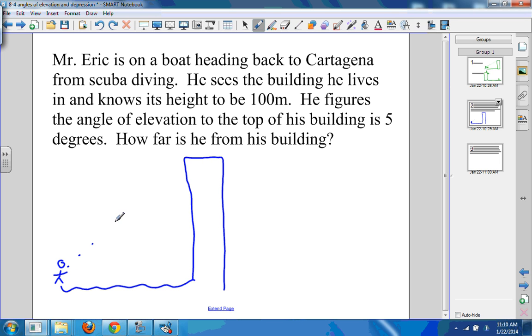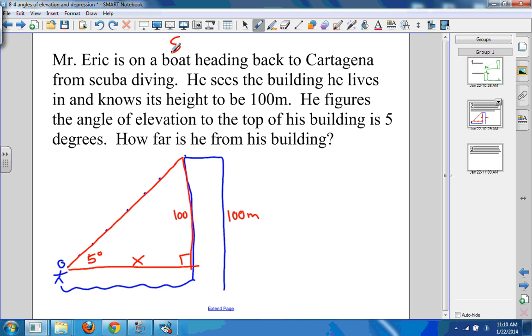I look up, and I figure that I am 5 degrees looking up to my building. And I know the building is 100 meters tall. I'm looking to figure out how far I am from the building. So we can use a right triangle here. This side is 100, and we're trying to figure out this unknown side here, x.